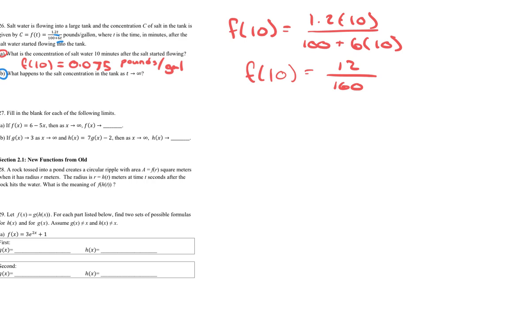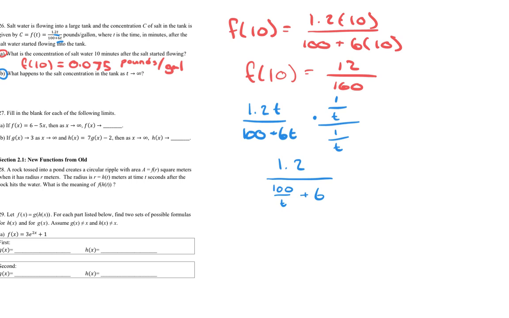So we're going to take 1.2T over 100 plus 6T, and multiply this by 1 over T divided by 1 over T.